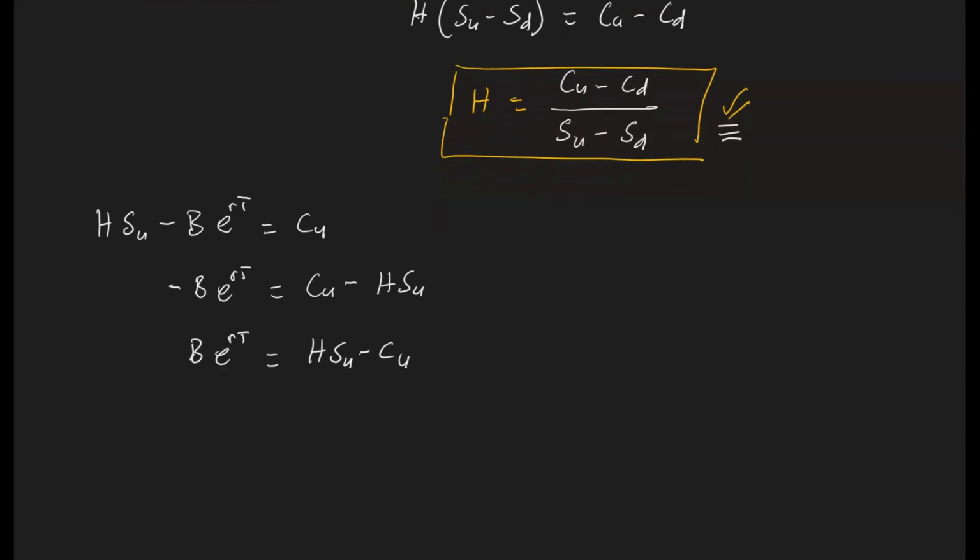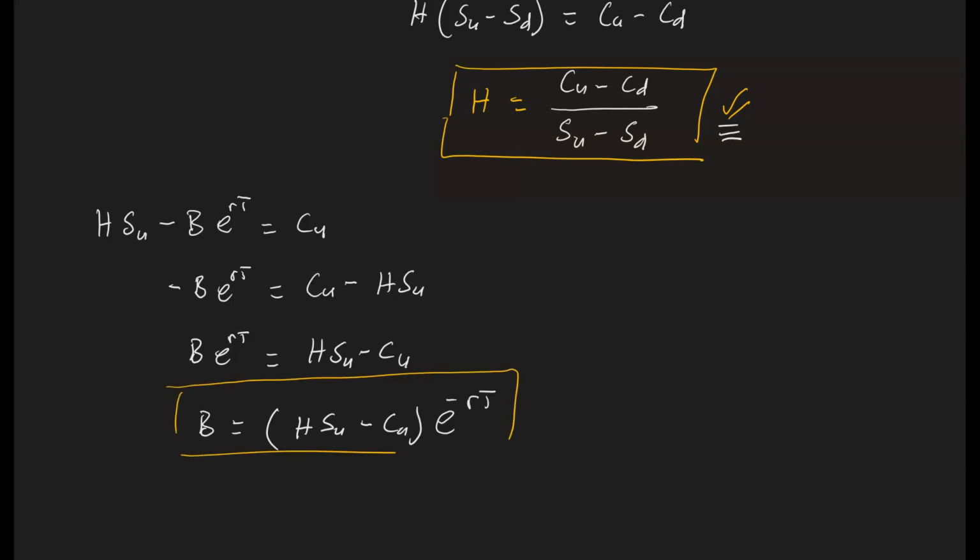And so b is going to be equal to h S up minus call up present value. And this is going to be b. So overall, we know that call value is going to be equal to h S0 minus b. It's not a plus, it's a minus.